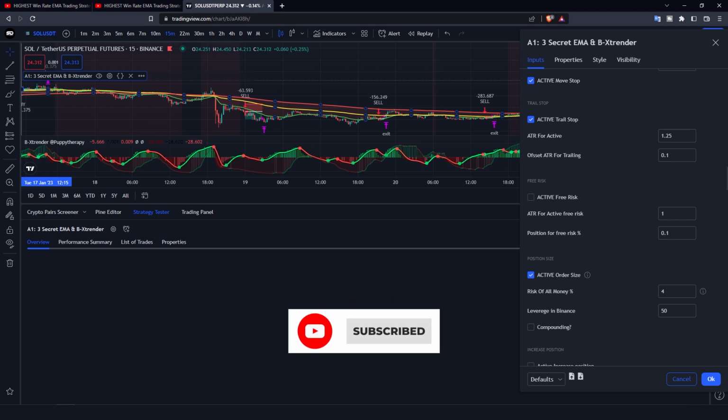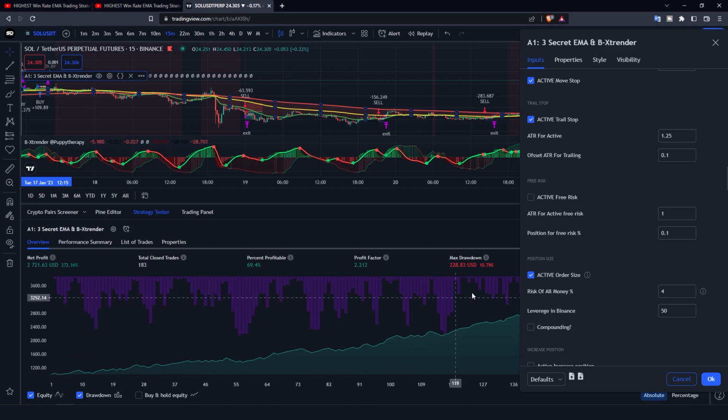Okay, the next point is that I can add trail stop to our strategy, and when you add trail stop, okay, you can see what happens to your strategy. You can see the profit is extraordinary. Okay, see that it increased win rate up to 69%, and the profit has increased up to 272%.